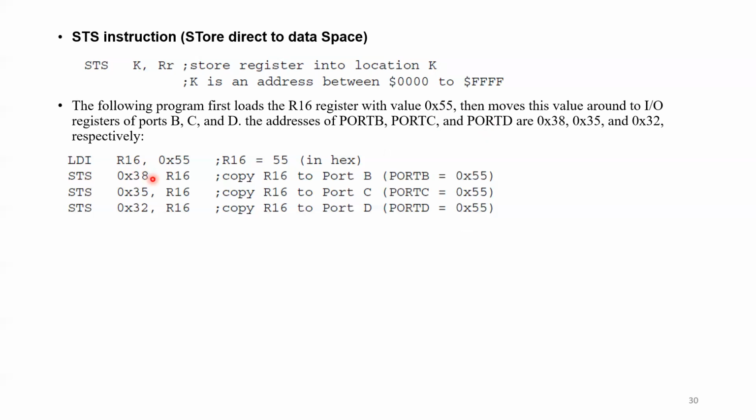This is the memory location of port B, this is the memory location of port C, and this is port D. So we just need to copy the data from R16, which is our register, into these three registers, on the ports B, C, and D. And for sure, this would be output data now.